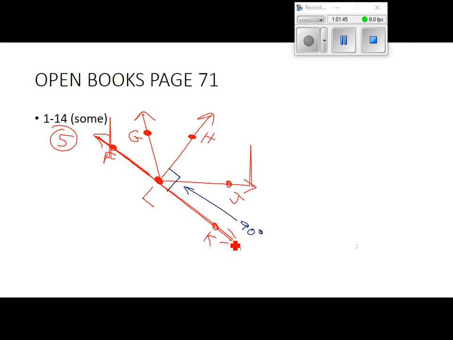Ray LG bisects angle FLH. So that angle right there is being bisected. What's that tell us about these two angles? They're congruent. So let's mark them as congruent so that we know those are both the same.